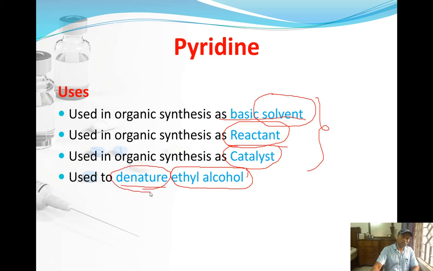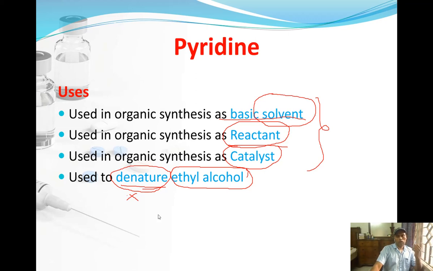The actual nature of the alcohol is removed. To denature it, they add pyridine to the alcohol. What pyridine does is, like we came across, it has a disgusting odor, right? To give that disgusting odor, pyridine is added to the ethyl alcohol so that nobody can consume it. Apart from giving a disgusting odor, it can cause a stomach upset or other harmful effects.